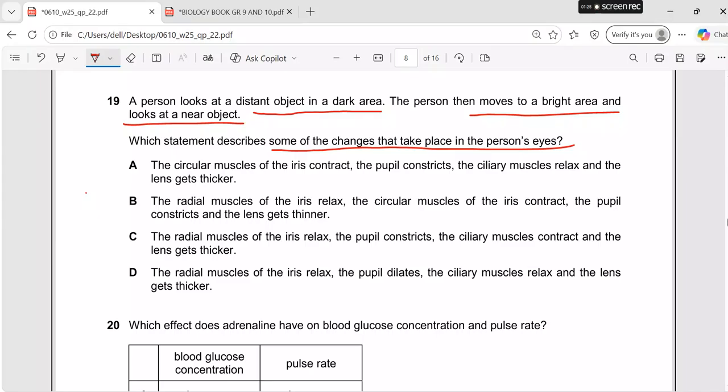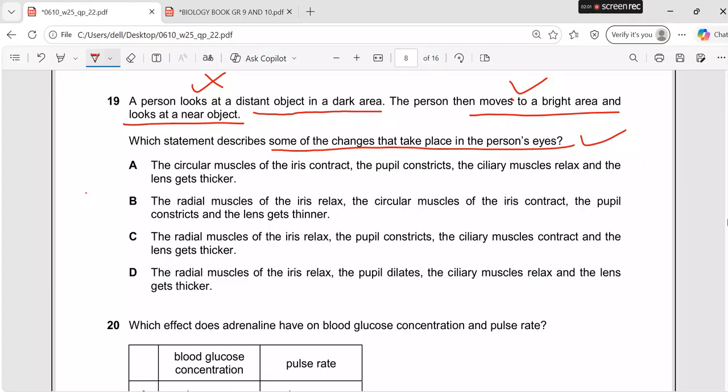We have to focus on this statement: which statement describes some of the changes that take place in the person's eyes. So we do not have to focus so much on the first part. We have to focus on the second part more, like the person is moving to a bright area and he is looking at a near object.